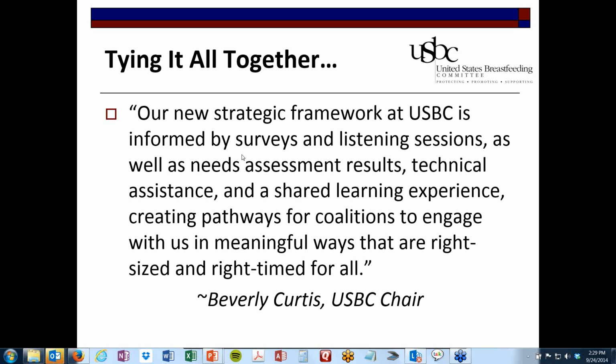There's a few different questions about the regional learning collaboratives, including about eligibility and who would be attending.